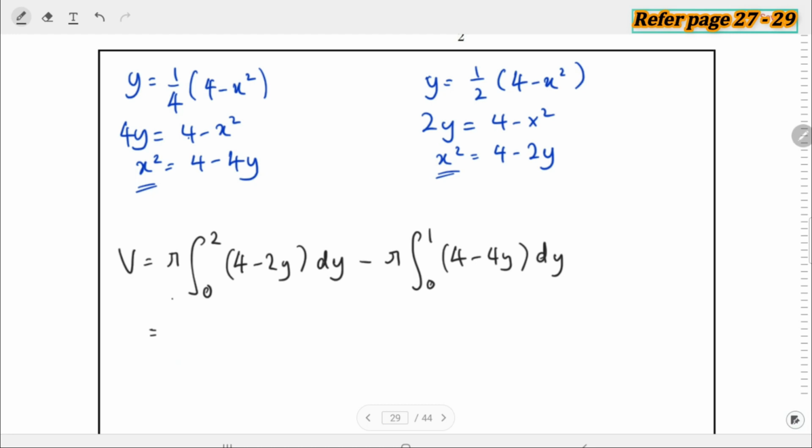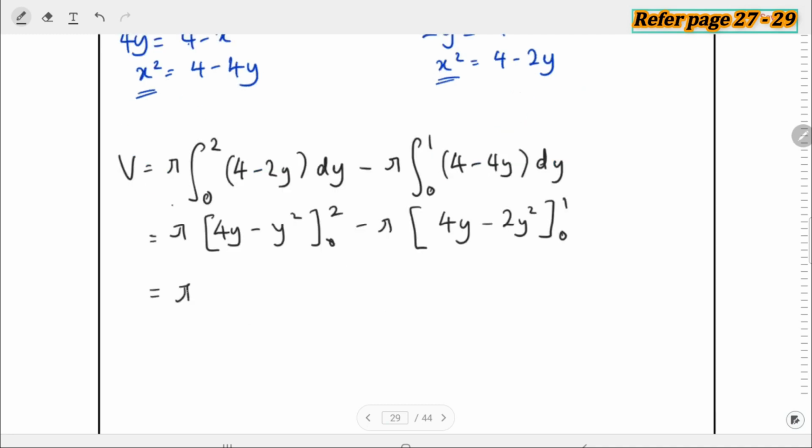Next, we just simplify the function and then integrate. There is no need to simplify, so straight away we integrate them all. So pi, here is 4y minus 2y squared over 2, which is y squared, in square brackets from 0 to 2, minus pi, and the same thing for the other: 4y minus 4y squared over 2, which is 2y squared, from 0 to 1.